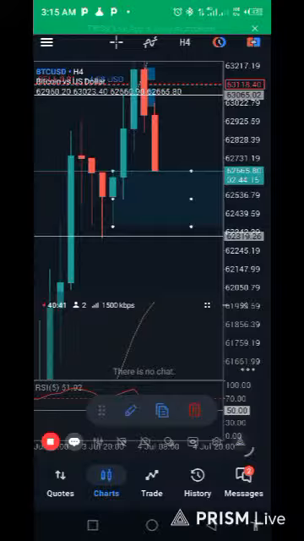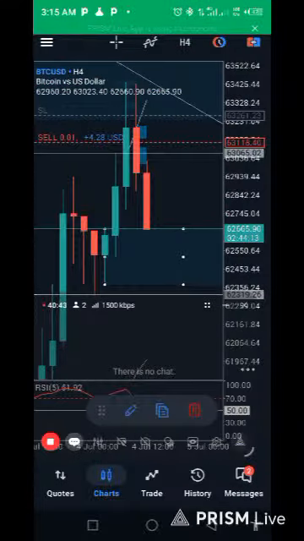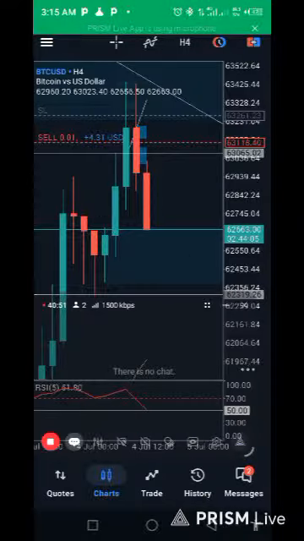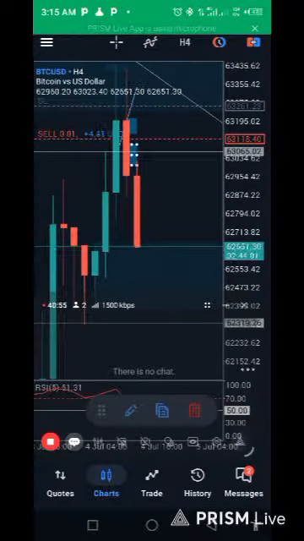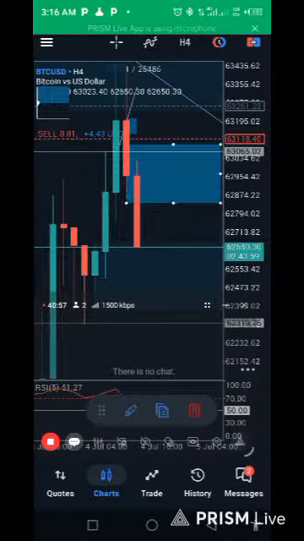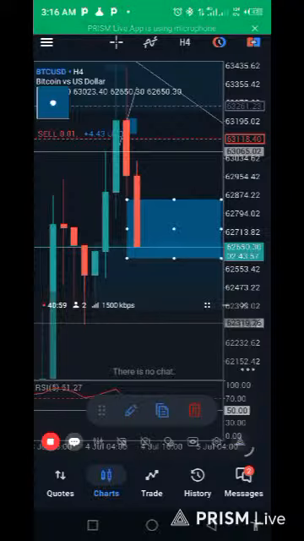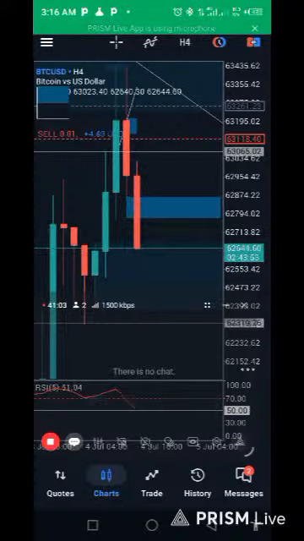You can see the way it is coming down already. It has touched the order block just now, and when it hits it, it will do a reversal to the upside. It might create an FVG around here. That's what I'm suspecting it's going to do.